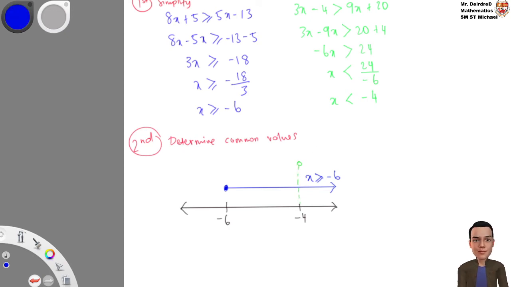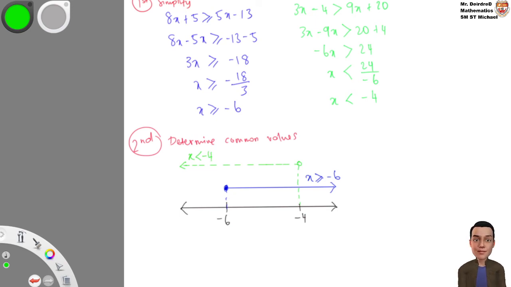The blue one is here. Now this one is going to the left side, since x is smaller than negative 4. If it is smaller, like you have learned before, it should go to the left side because x is less than negative 4.